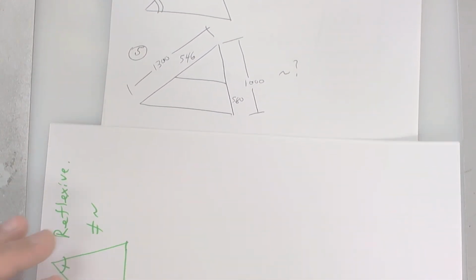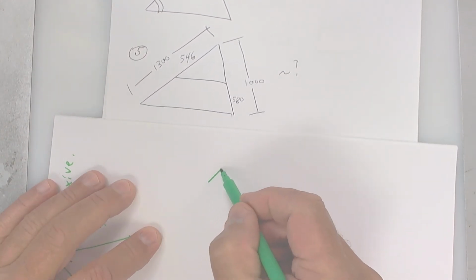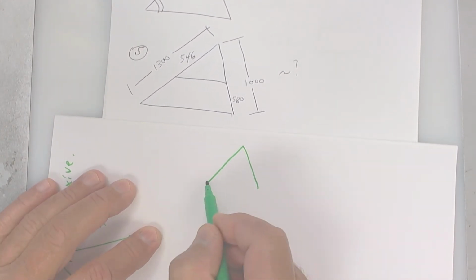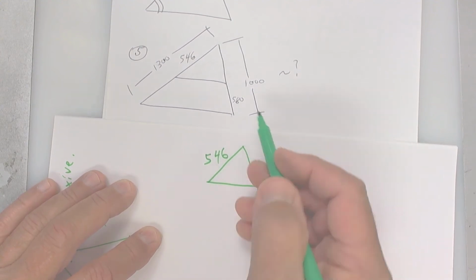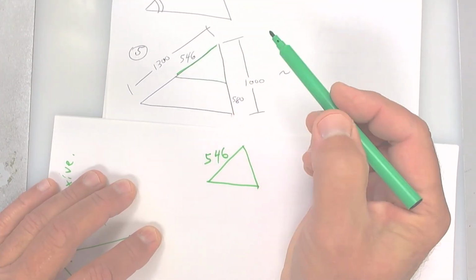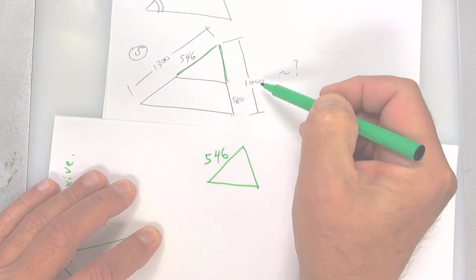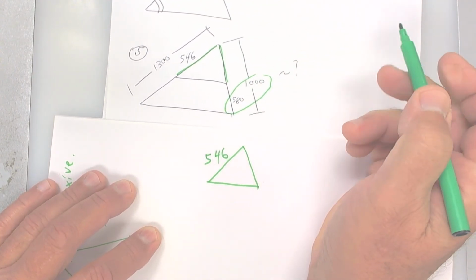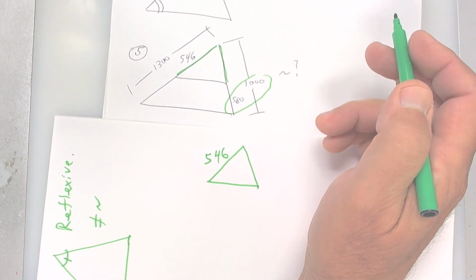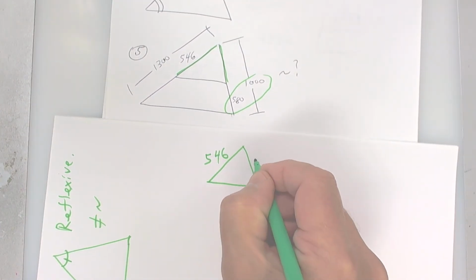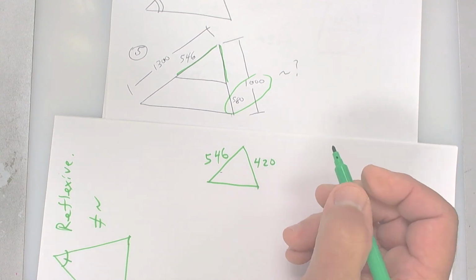The next one, we're going to separate it. So you have the top triangle, which looks like this. And this one is 546. And then this piece right here, you got to subtract these 2. So whatever that is, I think that's 420. So I'm just going to say 420. You can check it on your calculator.